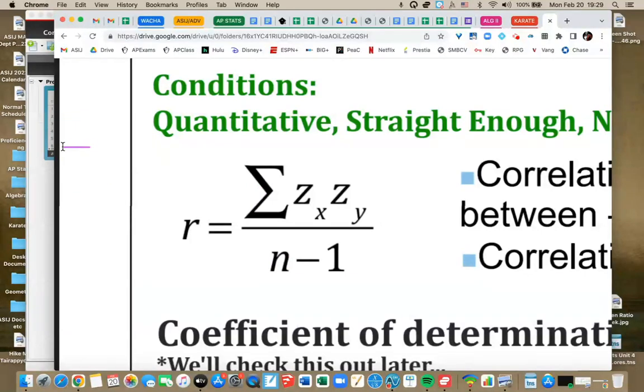We're going to make a table on the board, and let's call the height the explanatory variable and the arm span the response variable. In reality, it really doesn't matter which one's which. You just have to make a decision, or know what you are trying to predict.